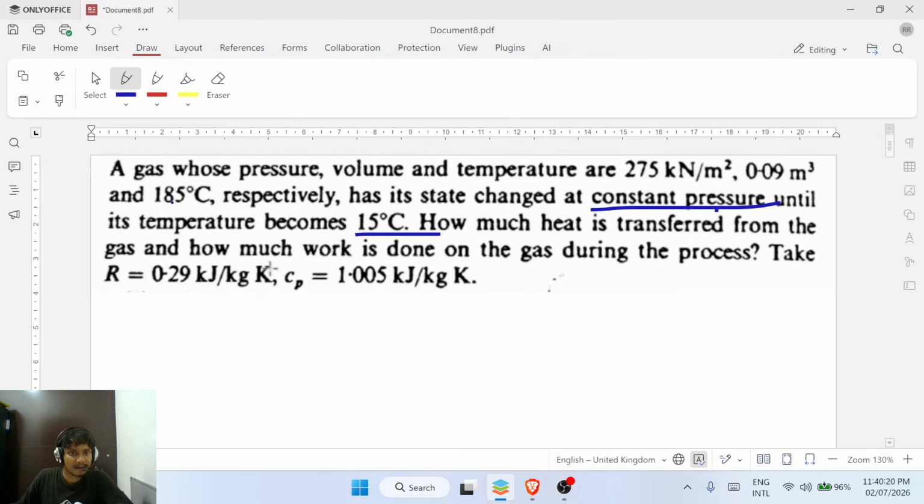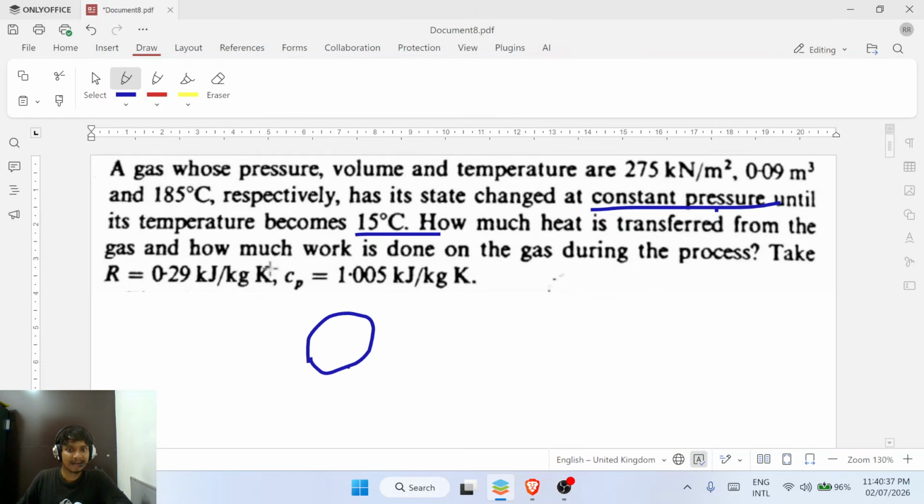The temperature is changing from 185 degrees Celsius to 50 degrees Celsius at constant pressure. How much heat is transferred from the gas?